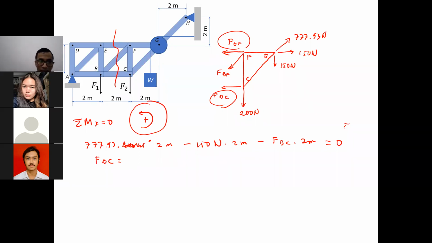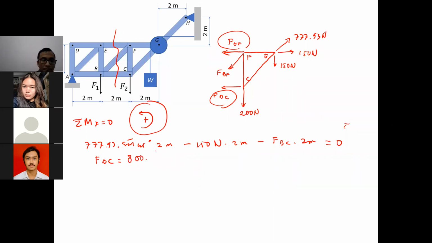That's sin 45, right, sir? Yeah, sin 45. It's 800.16 divided by 2.